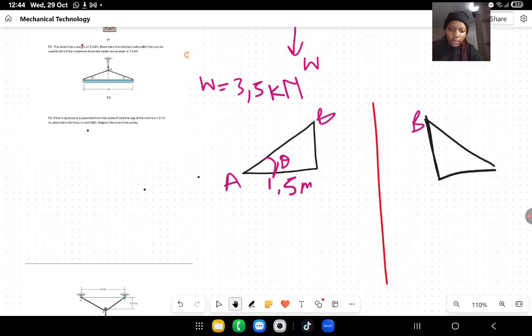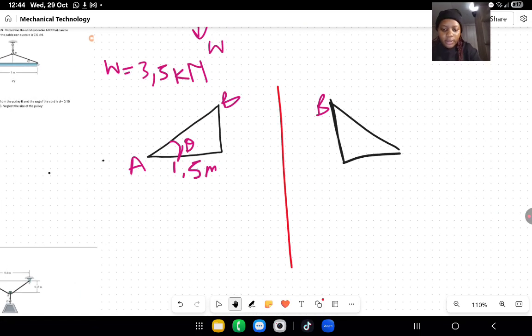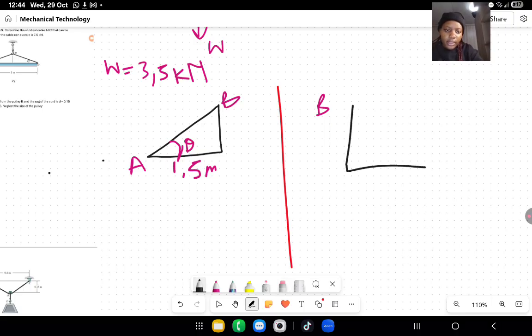Let me make it like this so that you can all see. And also this side, let me draw this triangle very well. We have a triangle like this, then our unknown angle theta, 1.5.